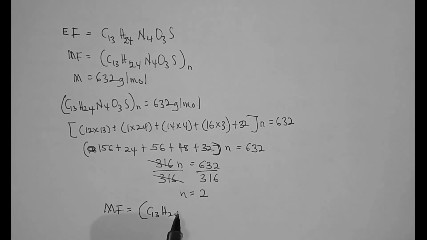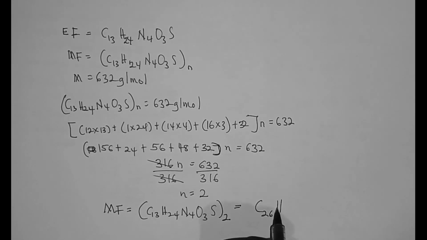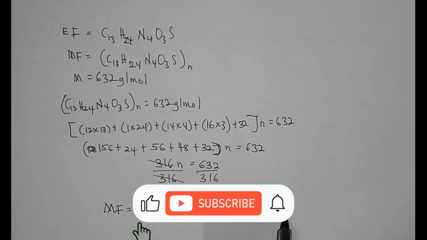This implies that the molecular formula is equal to C13H24N4O3S times 2. And therefore, this is equal to C: 2 times 13 is 26. Then H: 24 times 2 is 48.